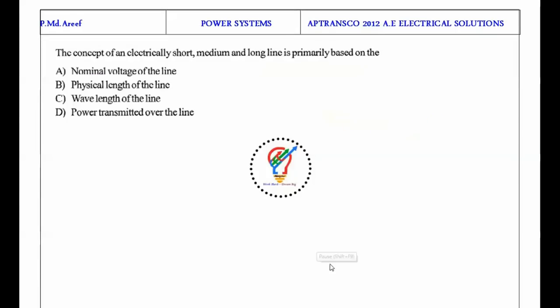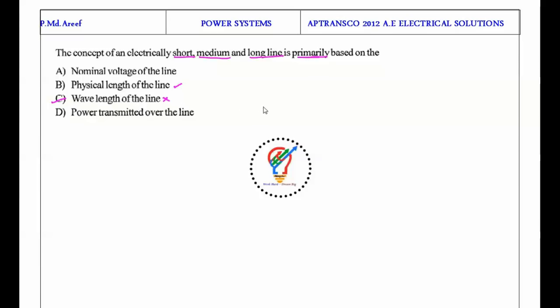Next question. The concept of an electrically short, medium and long transmission line is primarily based on. The first option is the wavelength of the line. If this option is not present, then the physical length of the line is the second option. So you should choose the wavelength of the line.